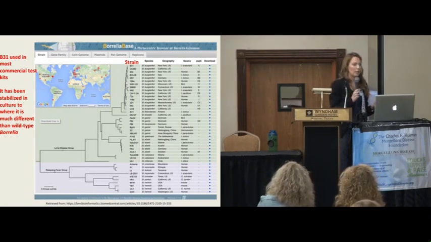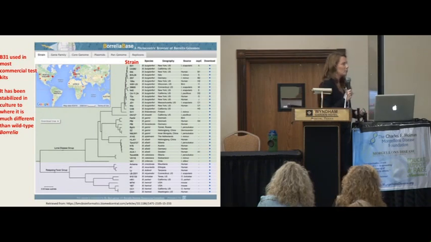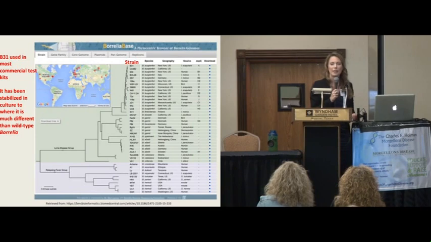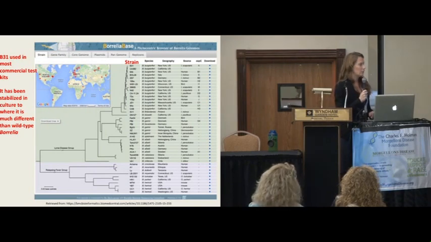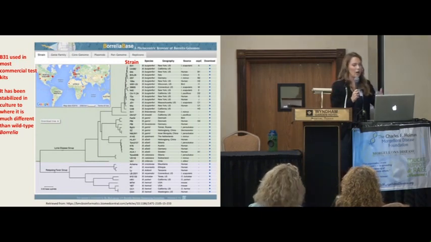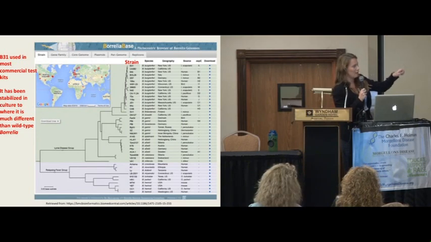This strain is considered a lab strain at this point because it's been stabilized in culture for so long that it doesn't even resemble the wild type Borrelia anymore. If we look at this graph, you can see all the way on the left side it says Lyme disease group, and below that the relapsing fever group. That all branches off, and where I wrote strain in red in the upper corner, those are all different strains.